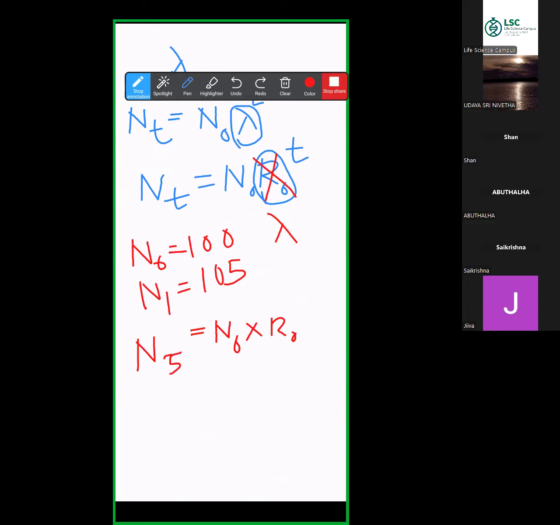Here t is 5. N0 is 100. Sorry, not R0. Instead of R0, we are substituting lambda. So here lambda value will be 1.05.